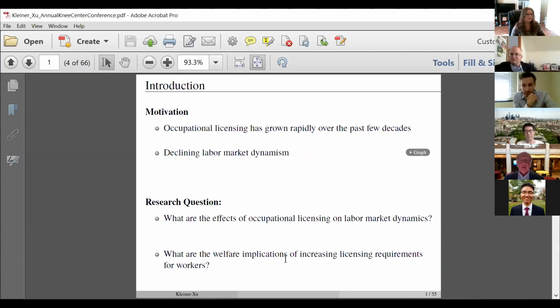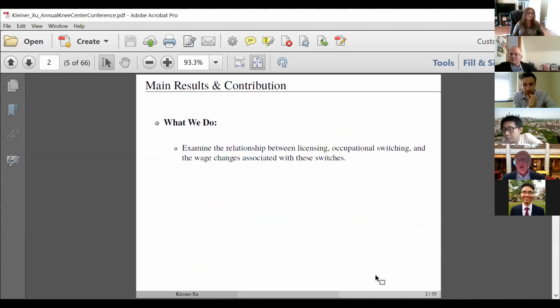Does this reduce the ability of the labor market on a cost-benefit basis? Does it result in a net cost, or does the fact that licensing may contribute to declining dynamics result in an increased cost as a result of occupational licensing?